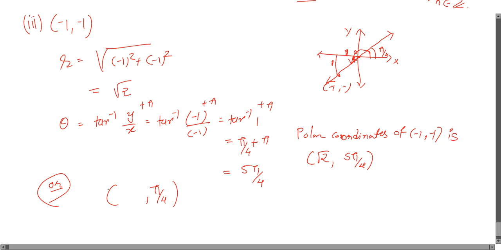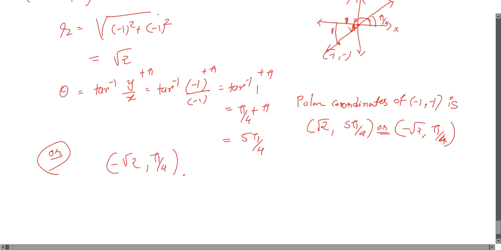So we will write here -√2. This is the same as (-√2, π/4), or you can continue by adding 2π infinitely many times. Okay, now let's take one more example so you can get it clear.